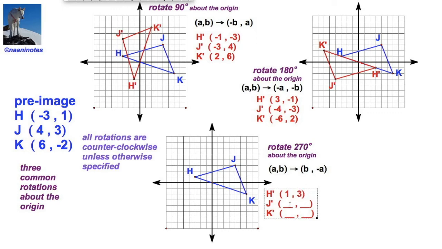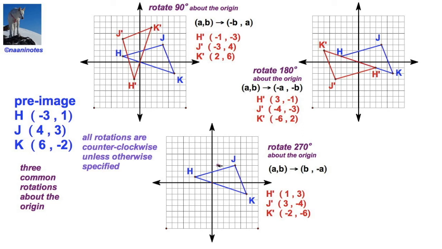If J is (4, 3), then J prime is going to be (3, negative 4). If K is (6, negative 2), then K prime will be (negative 2, negative 6). And let's plot that one.